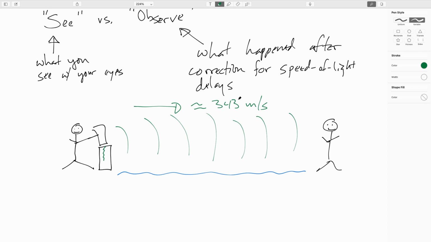Now, the light itself took time to travel from wherever the lightning bolt struck the Earth to your eye. But since that's traveling at 3 times 10 to the 8 meters per second, over a few thousand meters, that just isn't anything to write home about, which is why we treat it as nearly instant.